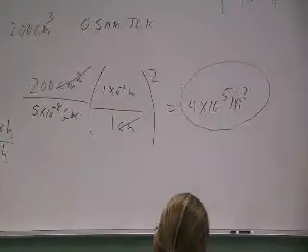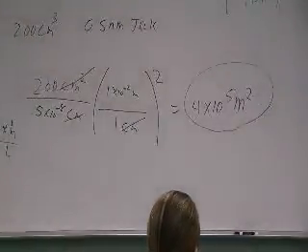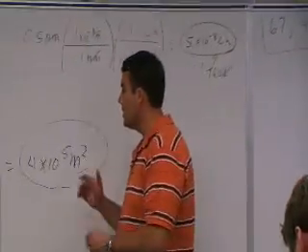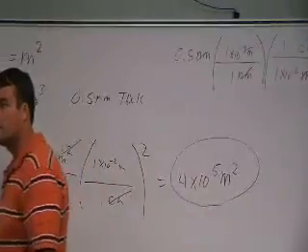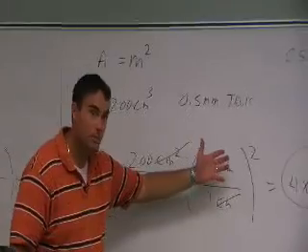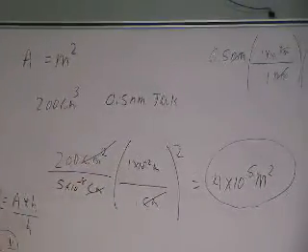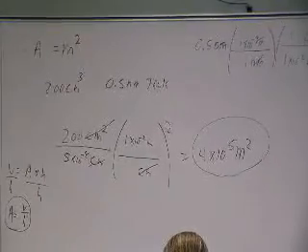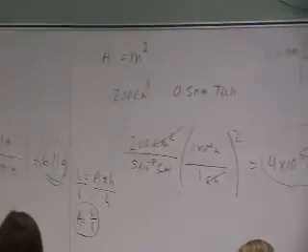And again, you know, it may sound stupid, but I really do like making mistakes in front of you, because those are the mistakes that you might make on a test. Right? Think about it. All I did was forget the square. I had it written down. I just forgot it. And on my test, if you do something like that, if this was a 10-point problem, you're going to get 9 of those points.